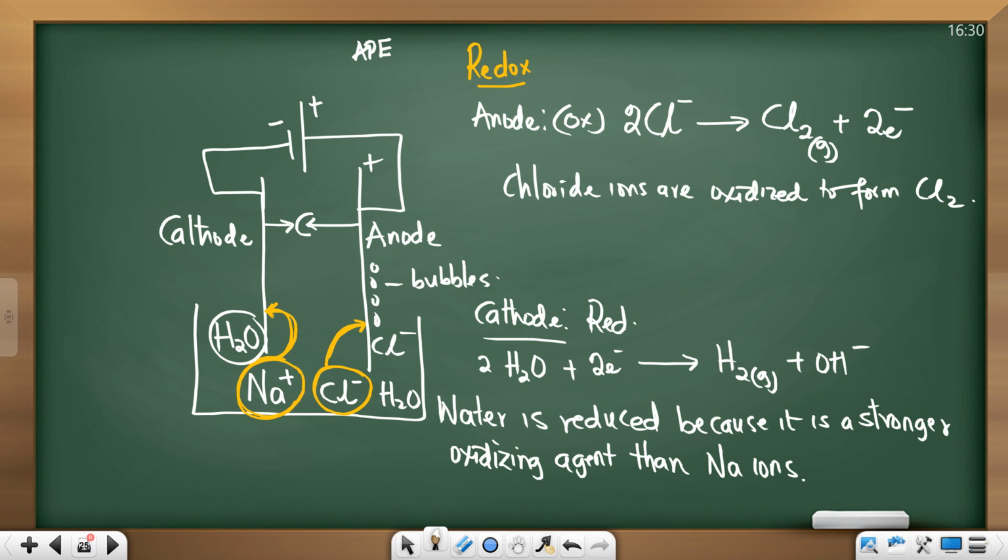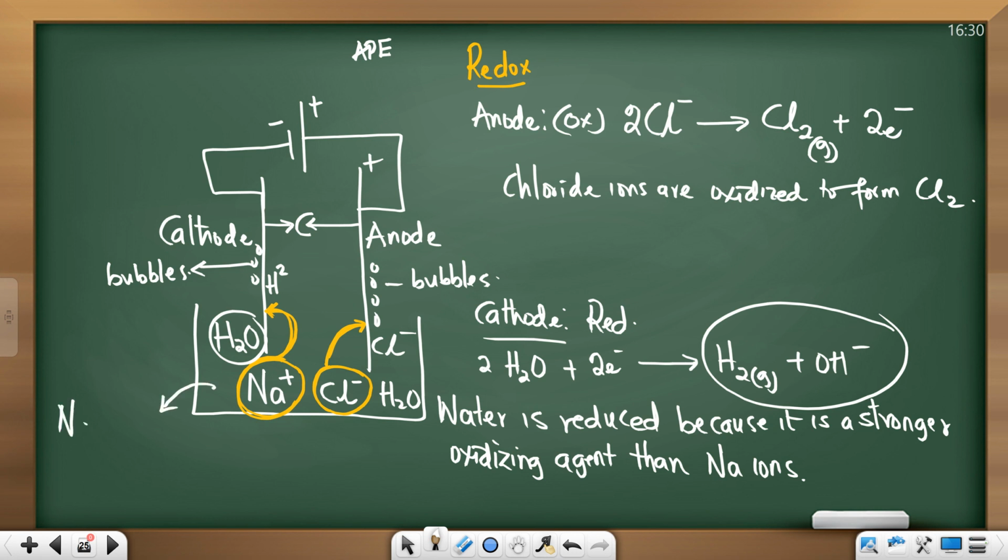So at the end of the day, what are we producing? We are producing hydrogen gas, which is also given out by bubbles. Now finally, what do you have left in the solution? Sodium ions is still there.